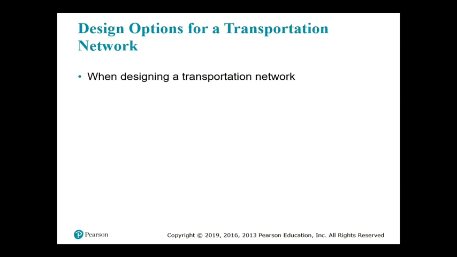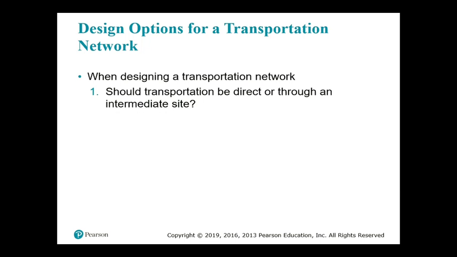So in terms of transportation networks, when we're talking about supply chain, how do we move products from suppliers to customers? When we design a transportation network, what are the options? One option is, do we do direct transportation, or do we add any intermediate nodes?